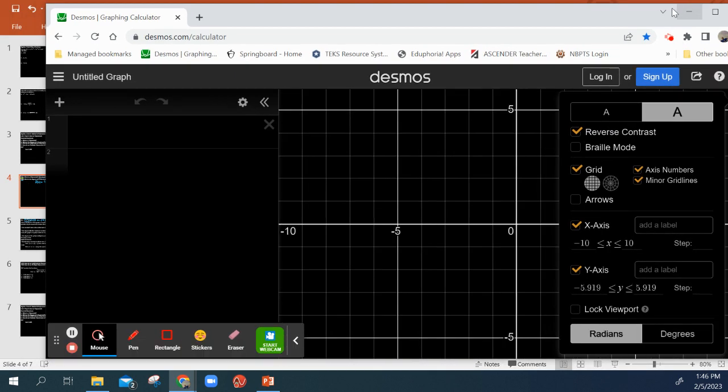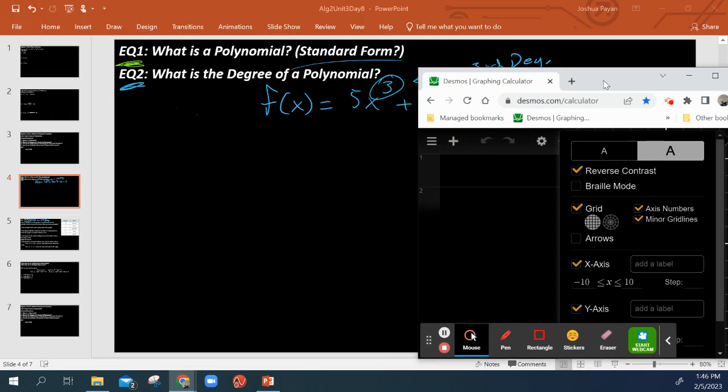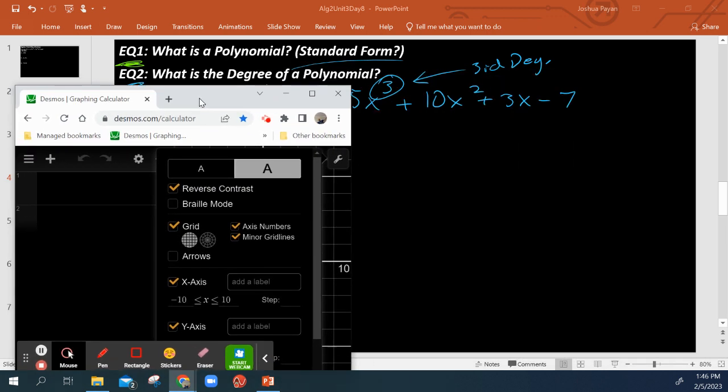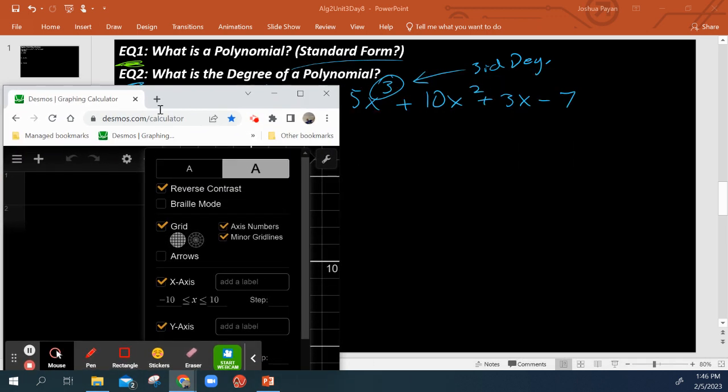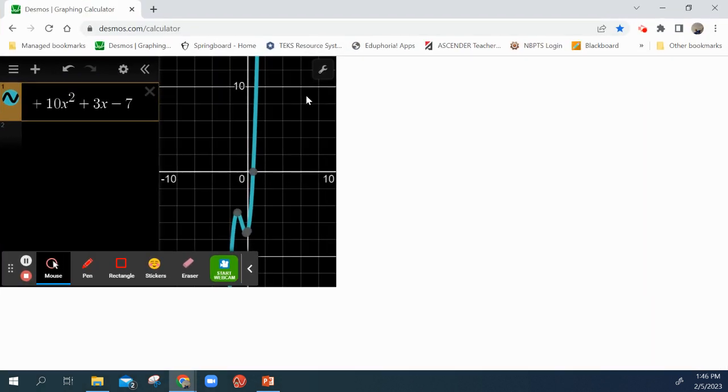I don't think I want the screen that big. Once again, this is me just improvising as we go. So 5x to the third plus 10x squared plus 3x minus 7. Okay, what I wanted to happen indeed did happen.